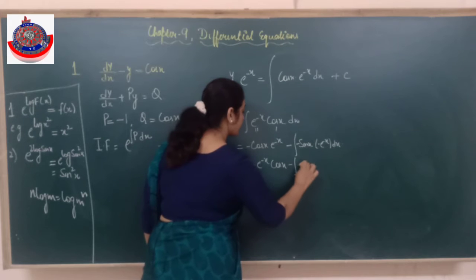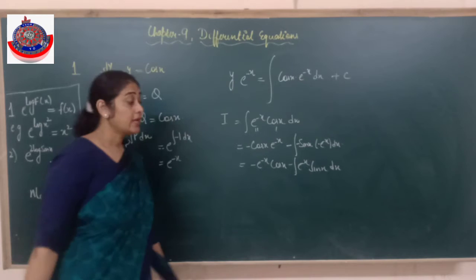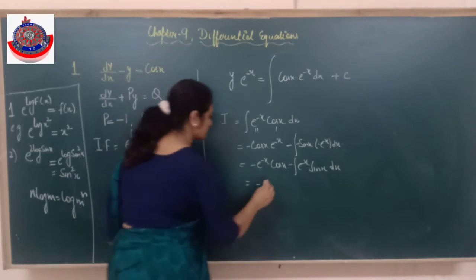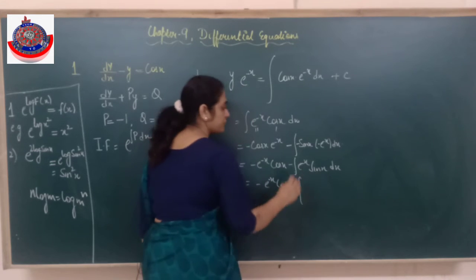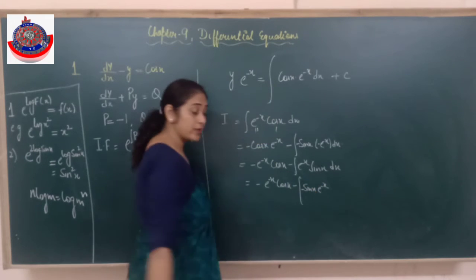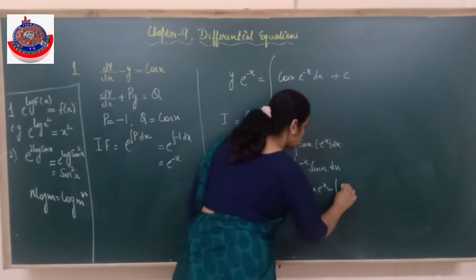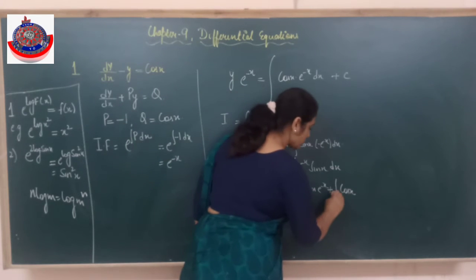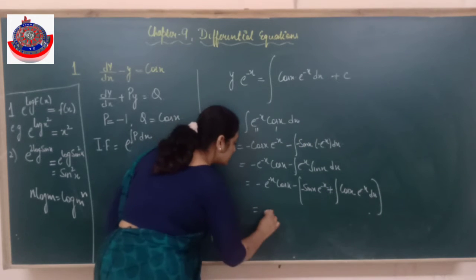That will become clear. Now again integrate. First function as it is, integration of e to the minus x is e to the minus x upon minus 1. Minus sign of integration, differentiation of sin, that is cos. Integration of e raised to power minus x is minus e, so it becomes plus. Open this.